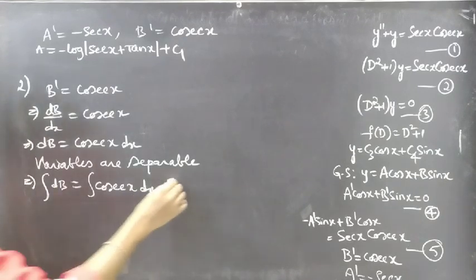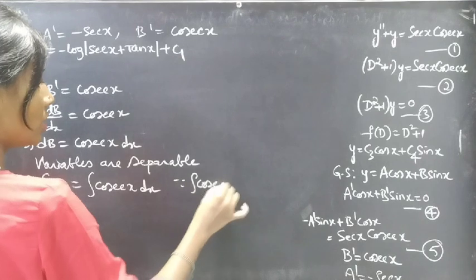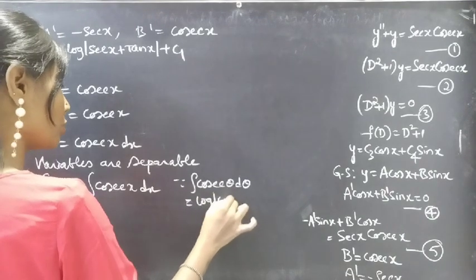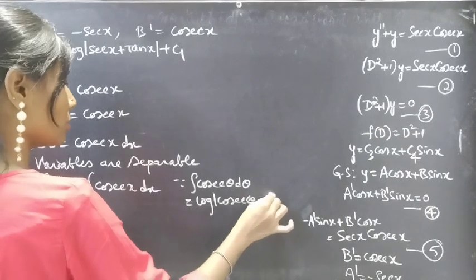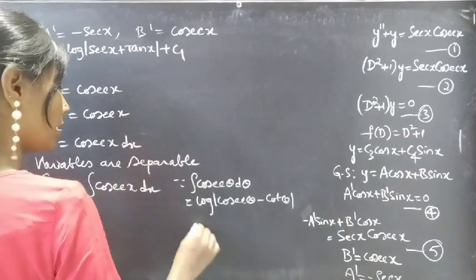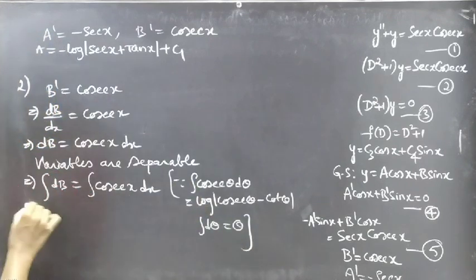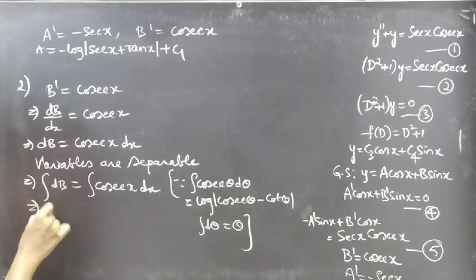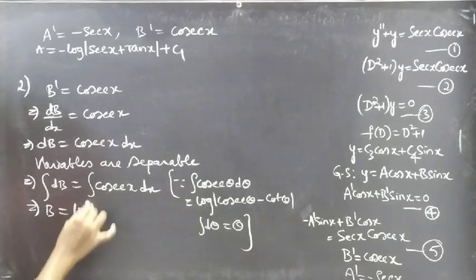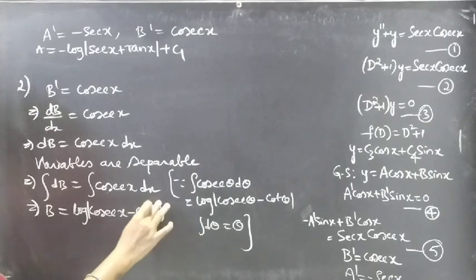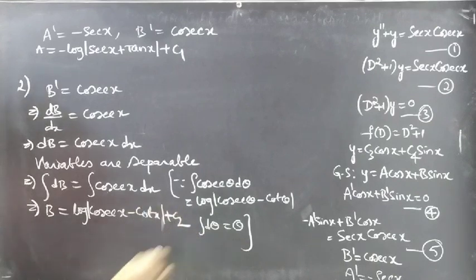Since we know that integral cosecant theta d theta equal to log mod cosecant theta minus cot theta, and integral d theta equal to theta, then integral dB equals to b equal to integral cosecant x dx, which is log mod cosecant x minus cot x plus some integral constant, say c2.